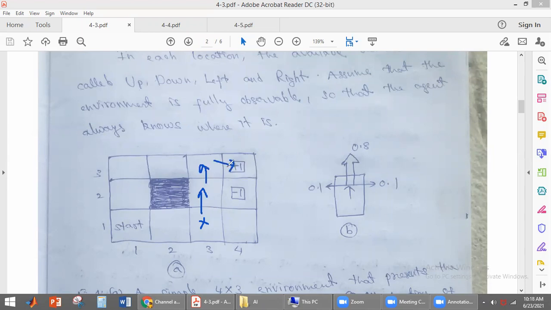The disadvantage of this direction is that there is a risk of entering -1. It should avoid that risk, but because n is very small, n is 3, the agent takes this direction to reach the terminal state.